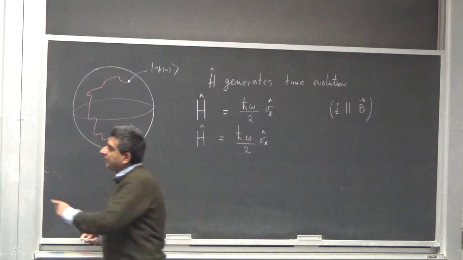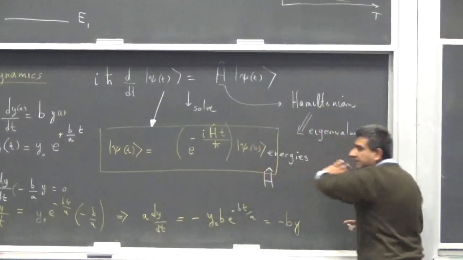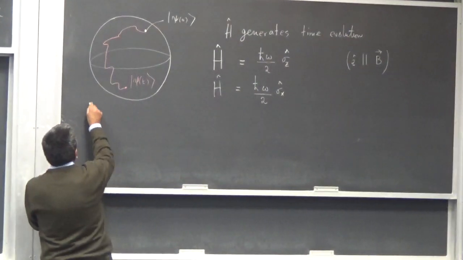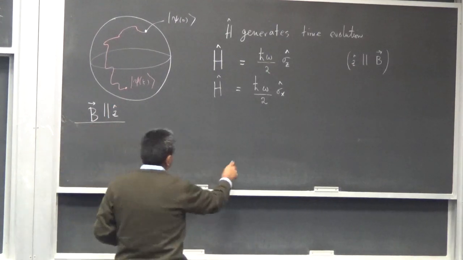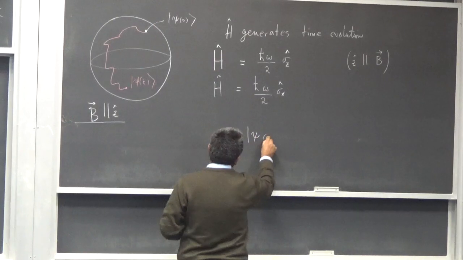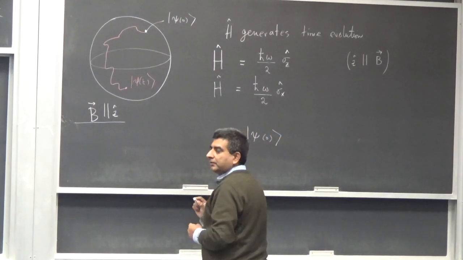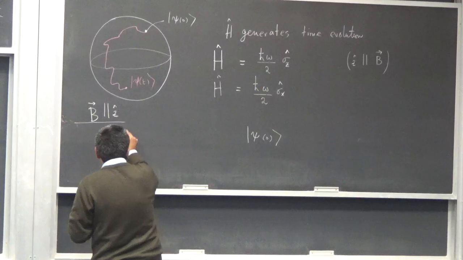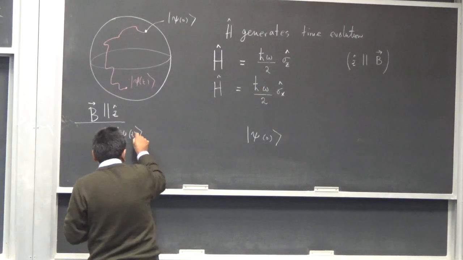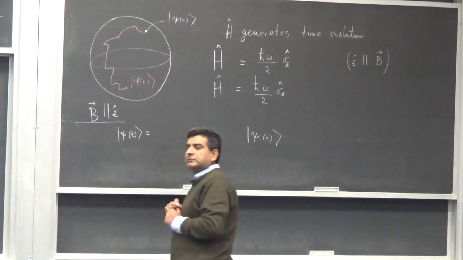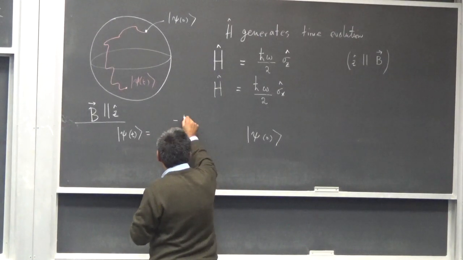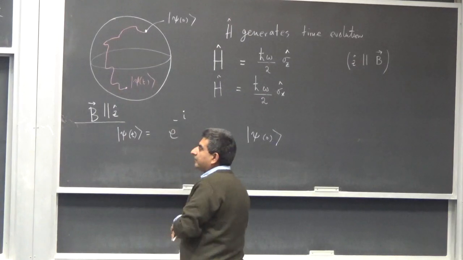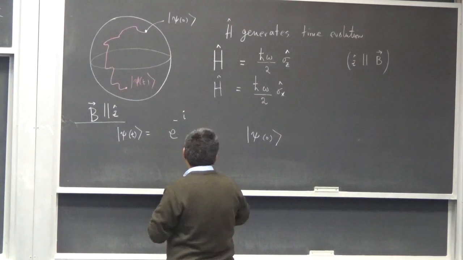So now if we put this in here, we assume for a minute that the field B is parallel to the z direction. You start off with a state psi 0. After some time t has elapsed, a new state is achieved, and that state will be given by exponent minus i. Let me do this properly.